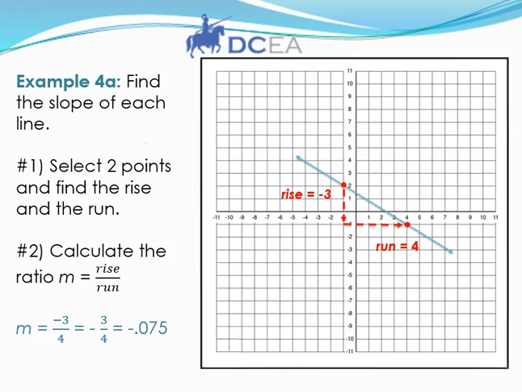The run will be going from left to right, and that will be 1, 2, 3, 4. So that'll be a positive 4, and here it is in your formula. -3 divided by 4 is the same as saying -3/4, which equals -0.075.